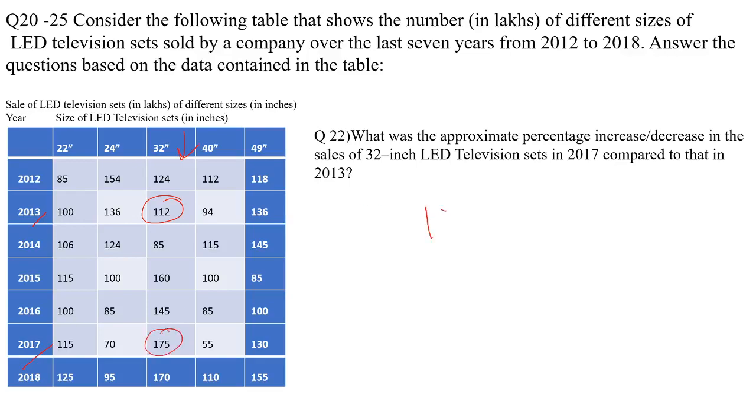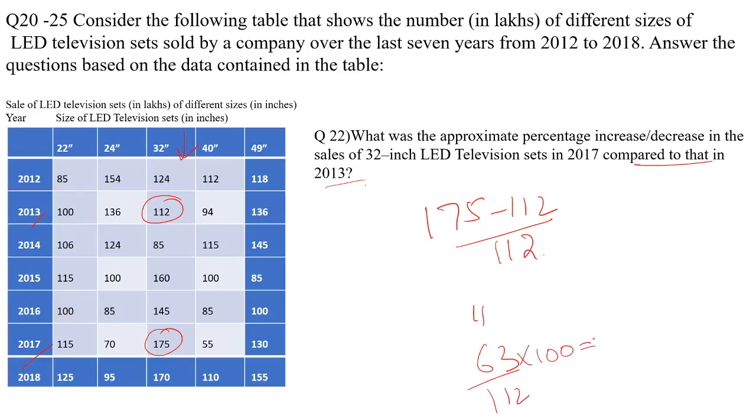So 175 minus 112 compared to 2013, so definitely that's why 112 will come below. When you solve it, 63 upon 112 into 100, the value will be 56.25%. Let's see the options. Option number 2 is correct.